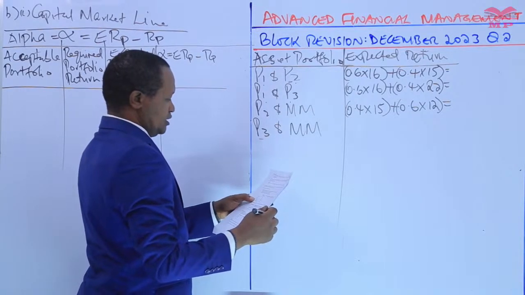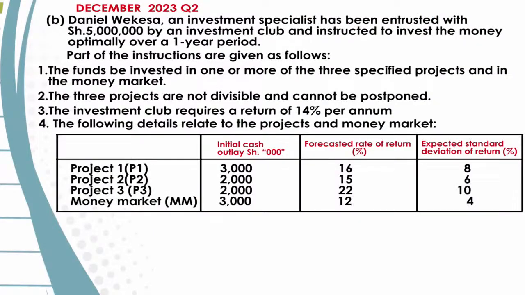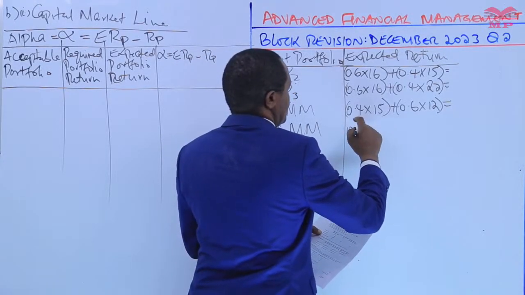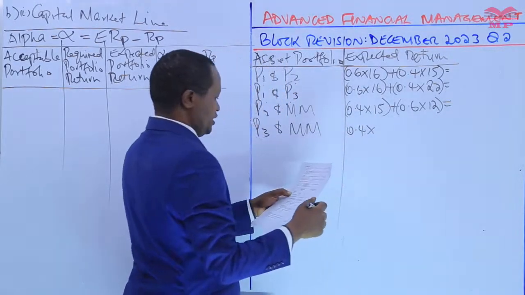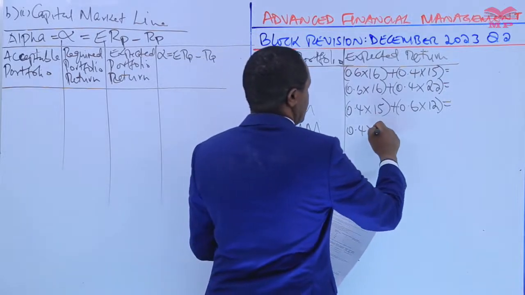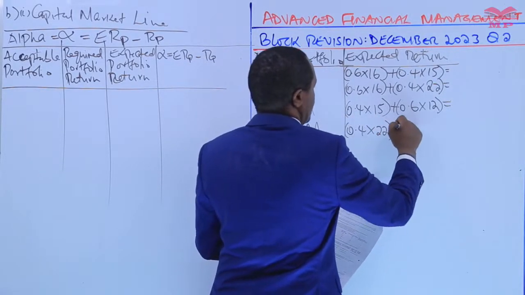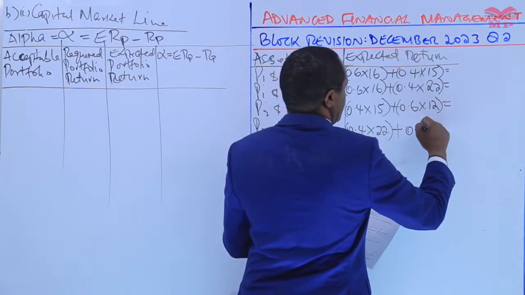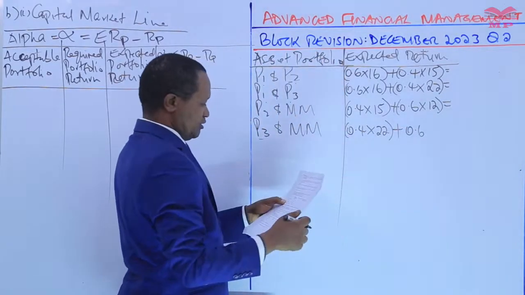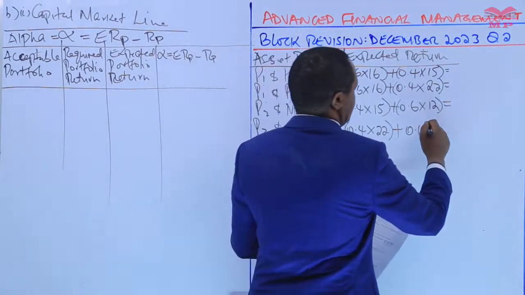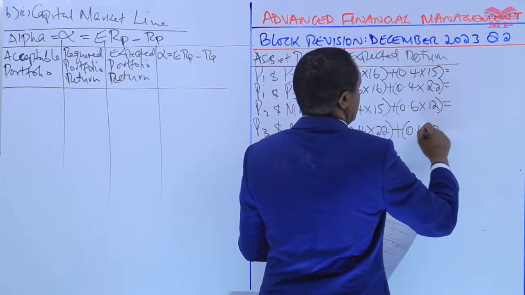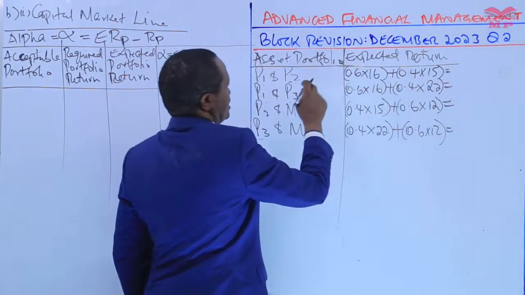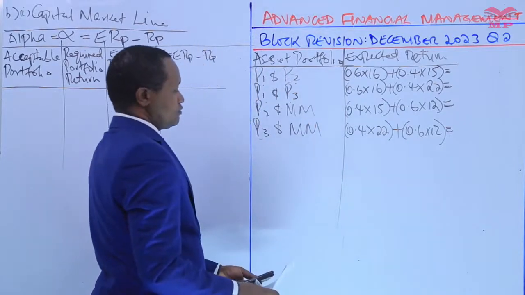P3, 2 million divided by 5 million as a decimal is 0.4. P3 return 22%, plus 0.6 times MM return 12%. So this will be equal to the expected return for the portfolios.